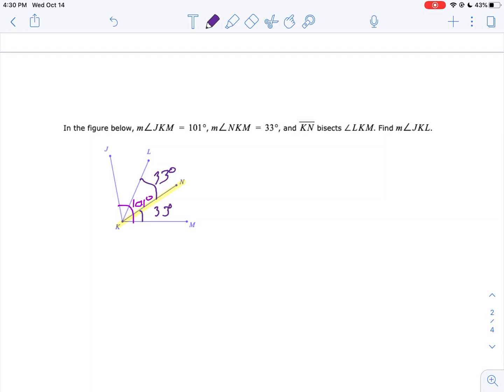So we can use our angle addition postulate again. We're going to say, oh, the measure of angle JKL plus the measure of angle LKN plus the measure of angle NKM. Well, that equals the whole angle, which would be the measure of angle JKM.